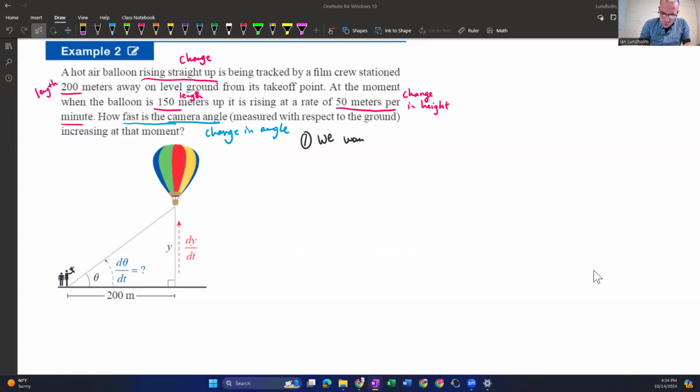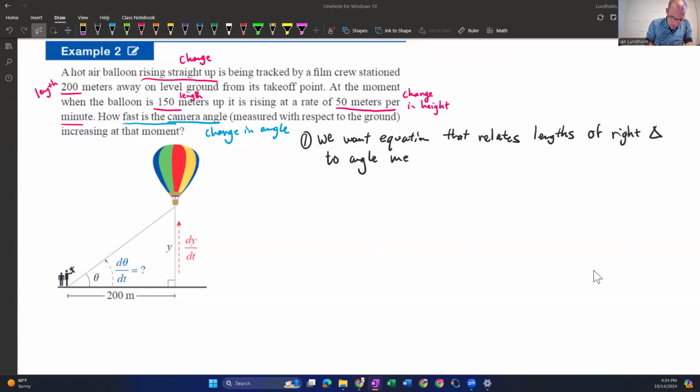We want an equation that relates lengths of a right triangle to an angle measure.